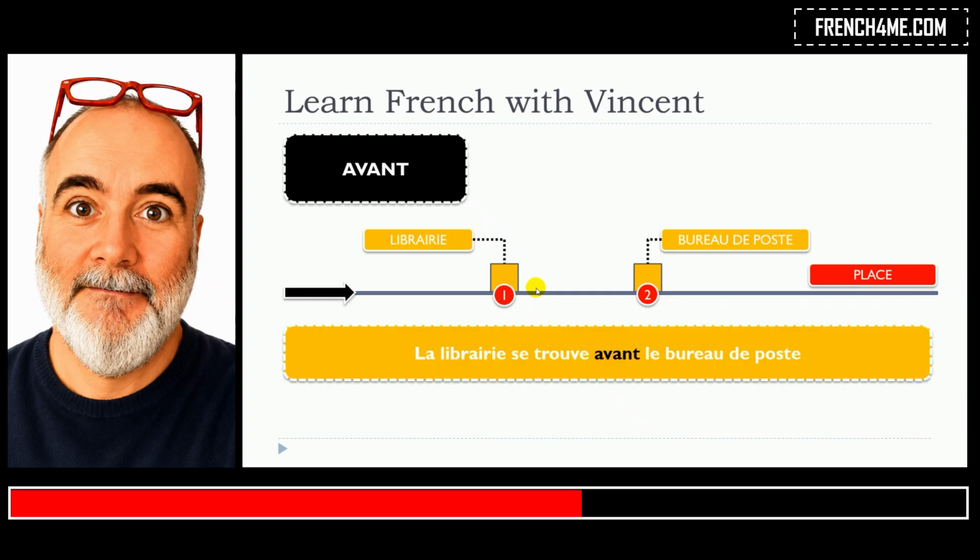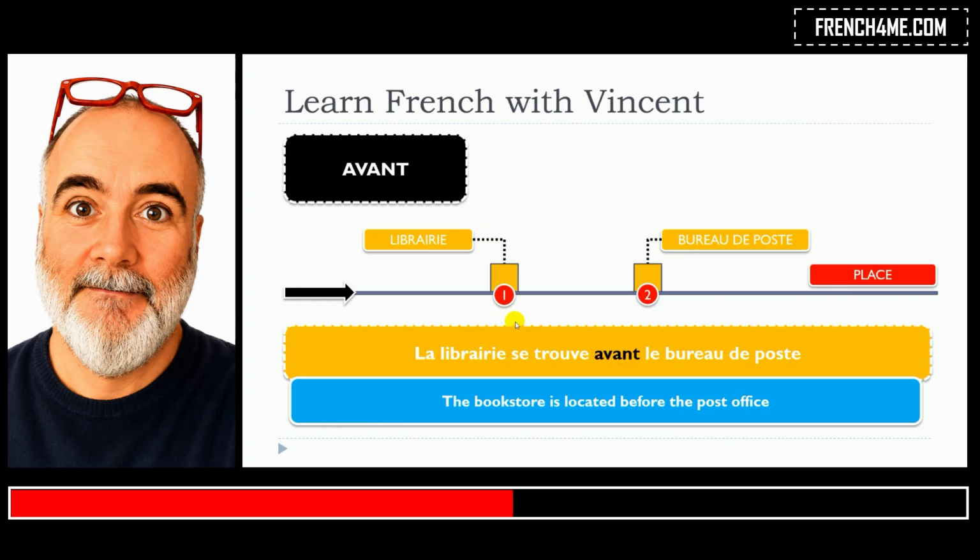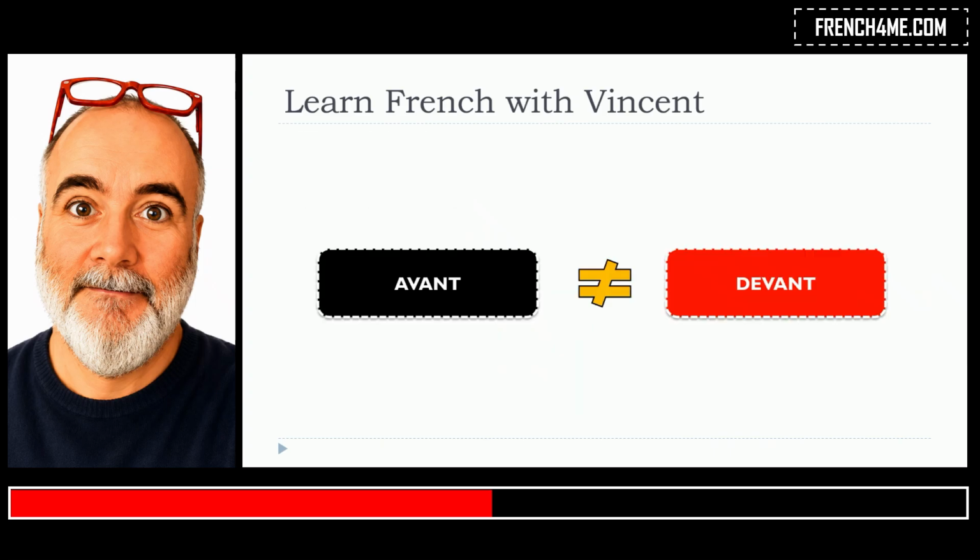So you can say in that case, la librairie se trouve avant le bureau de poste. And in that situation, of course, this arrow is extremely important because you are walking in that direction. So, la librairie se trouve avant le bureau de poste.